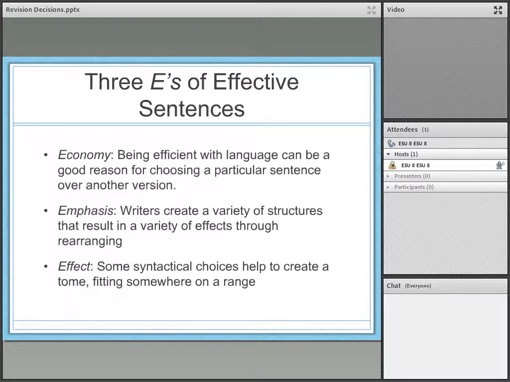They want to be able to paint that picture in your mind of what that sentence or those groups of sentences, paragraphs, and so on, what visualizations they make in your mind. Then they talk about emphasis. They say that writers create a variety of structures that result in a variety of effects; rearranging words in certain places can get more attention than words do in other places.